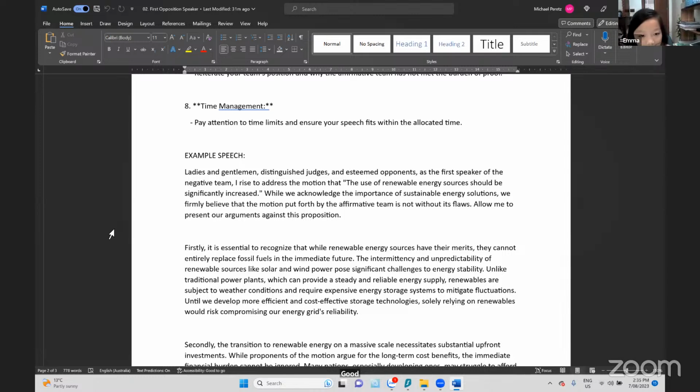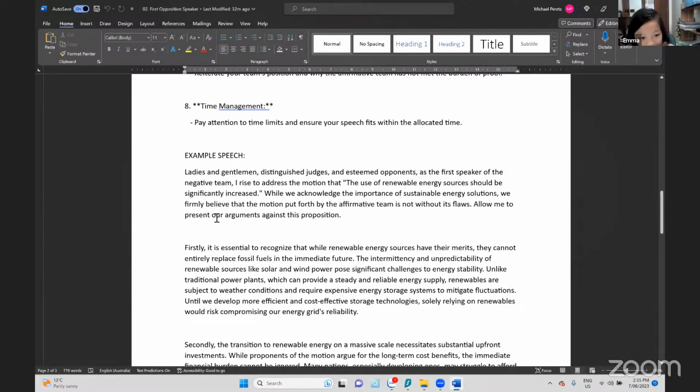While we acknowledge the importance of sustainable energy solutions, we firmly believe that the motion put forth by the affirmative team is not without its flaws.